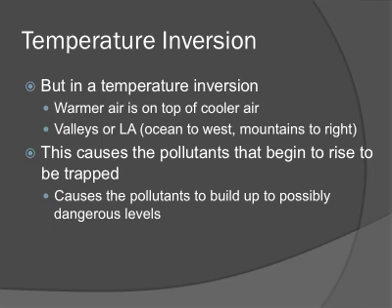This cool air just sits over the valley on the way to the mountain. Therefore the heat is no longer rising, the pollutants are no longer rising, and they just get stuck there. As people get in their cars and businesses continue to produce pollutants, the pollutants just start to increase. And as long as that cold air is on top of the warm air, the pollutants can never go anywhere.